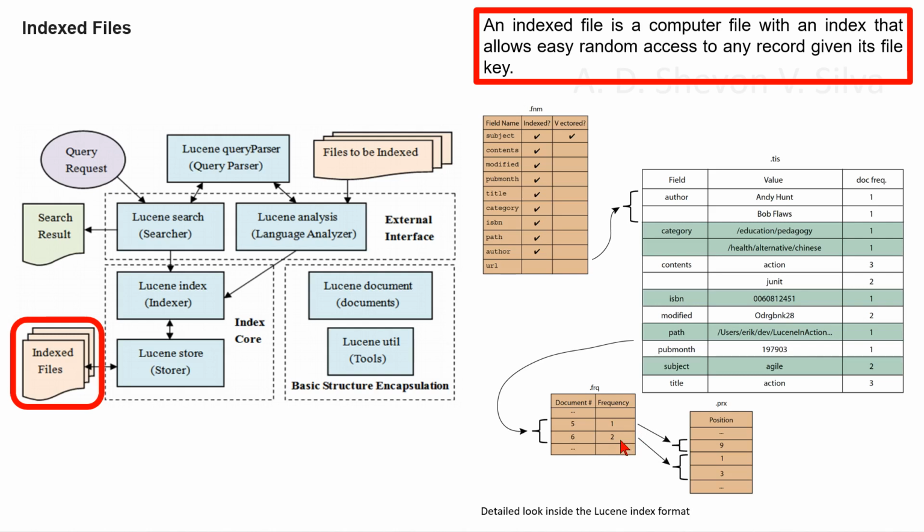For each document listed in the .frq file, the .prx file contains entries for each occurrence of the term within the document. The term positions, the .prx file lists the positions of each term within a document.